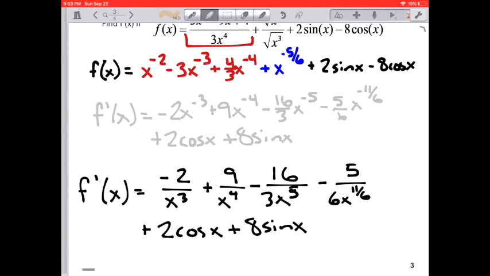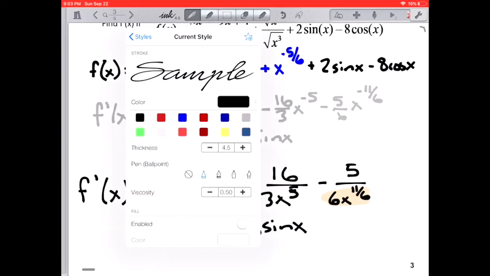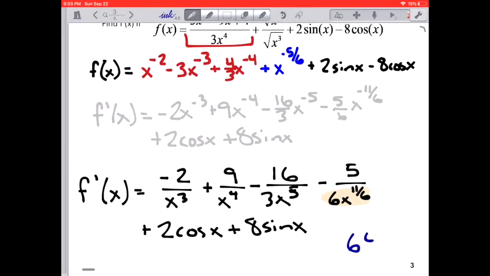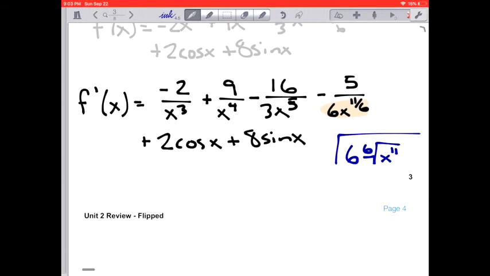And I should have written this portion here. I will do that in blue. It should have been the 6th root of x to the 11th in the numerator. So that is a little side note. Could have also written it like that, and I should have if I apply my rule of no rational exponents.